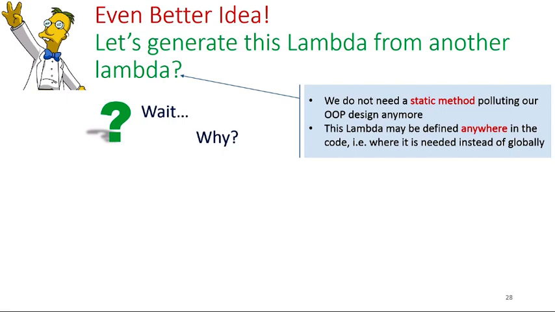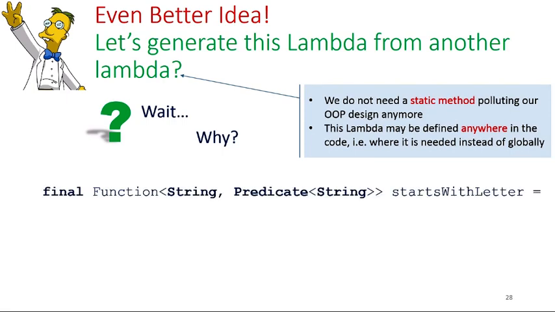Okay, so this is the same motivation that we had originally with Lambda. So what we're going to try to do here, we're going to say, all right, I'm going to store in a variable, name starts with letter, something. That something is a function. So we saw predicate. Function is another functional interface. It takes a string as parameter. It returns a predicate that also takes a string. So it returns a function that takes a string, returns true or false.